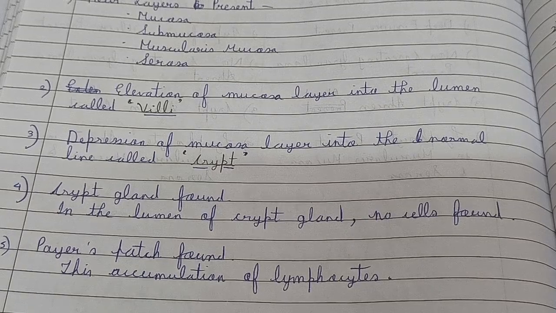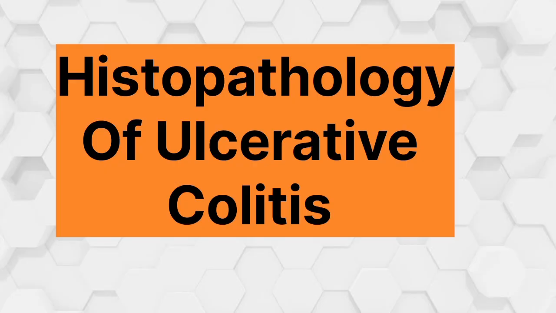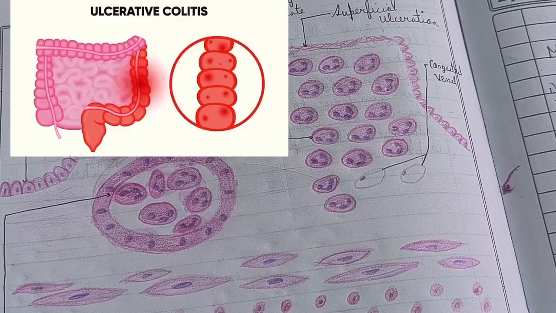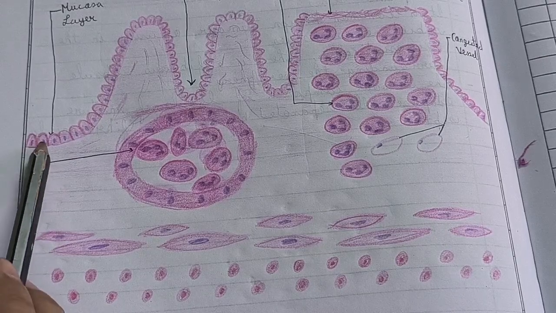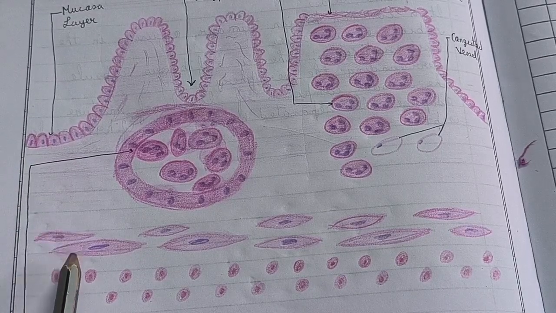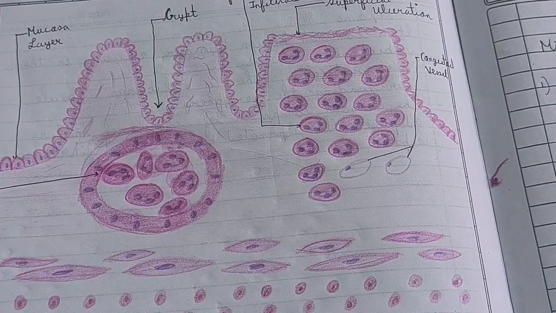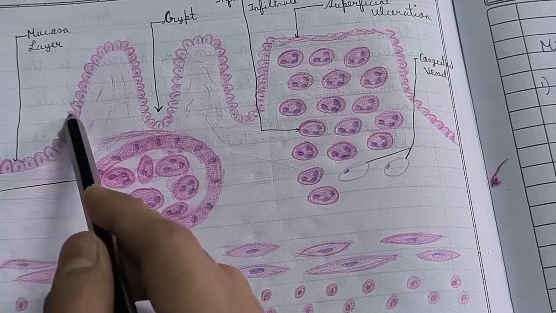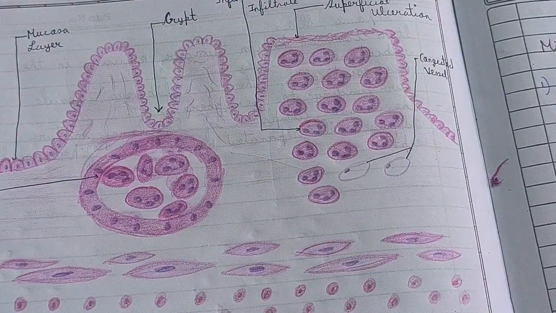And in the histopathological diagrams, you will also find these structures along with some abnormalities. So this is the histopathological diagram of ulcerative colitis. Once again, what are the 4 layers of the intestine? This is the mucous layer, submucous layer, muscularis mucosa, and this is the serosa layer. Now, normally in the histophysiological diagram, the mucosa layer is continuous, so there is no discontinuation of the mucous layer.